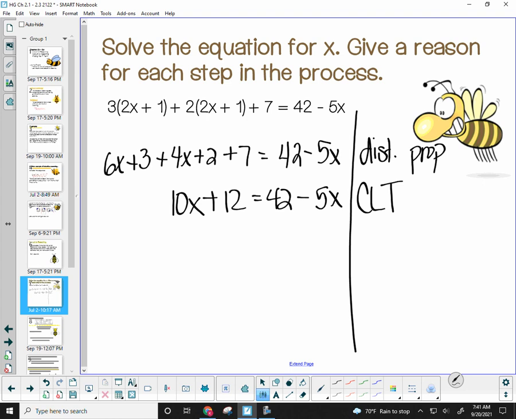All right, so now algebraically, what would you do? Add 5x. If I add 5x, I'm going to have 15x plus 12 equals 42. What allows me to add the same thing to both sides of an equal sign? Both sides of the equation. It's going way back.